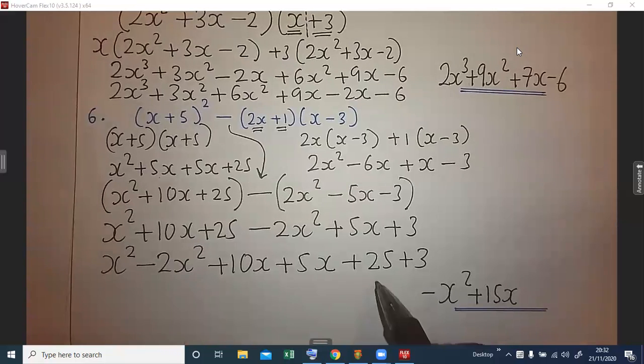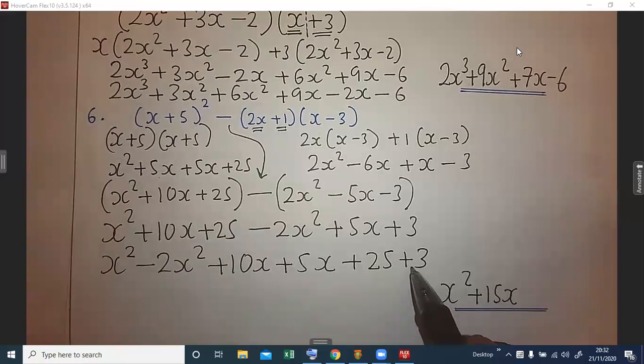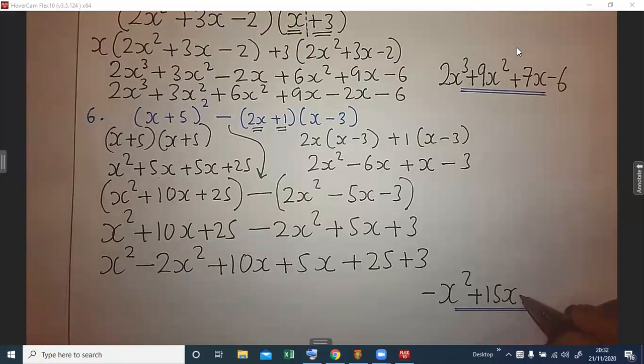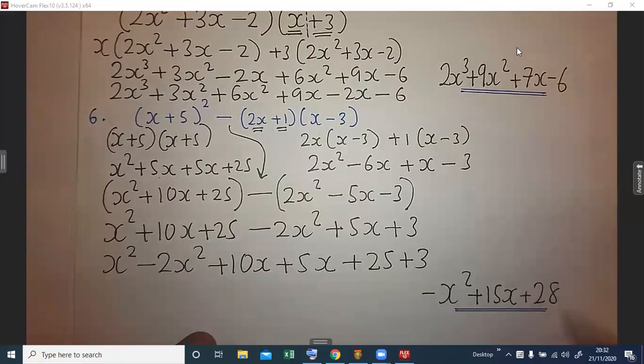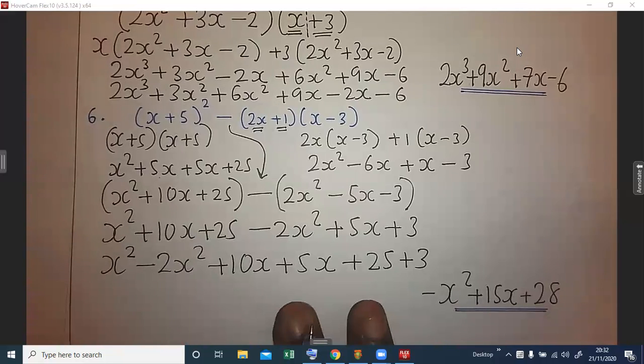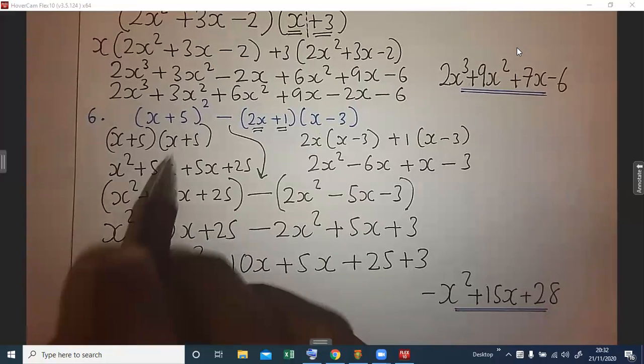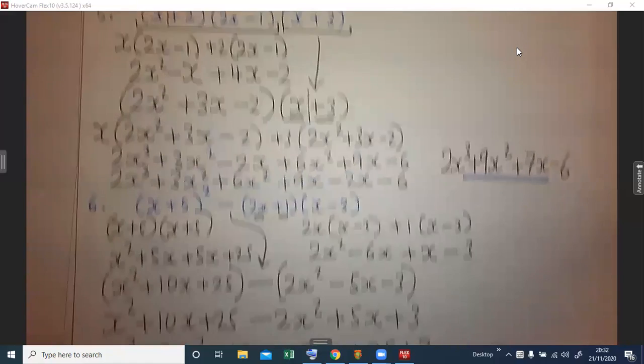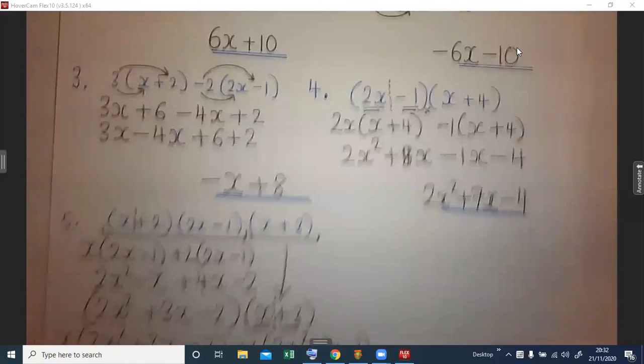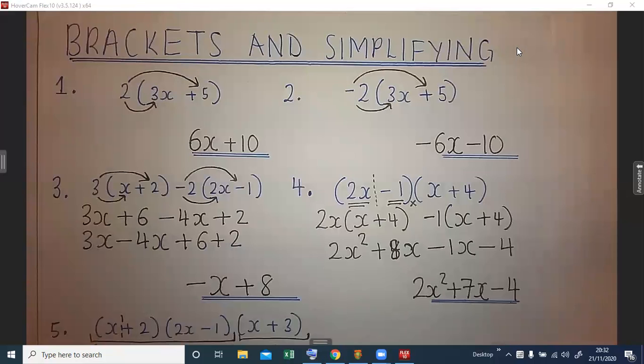And finally, 25 plus 3, I will end up with positive 28. This is how we open brackets, and this is how we simplify brackets after opening them.